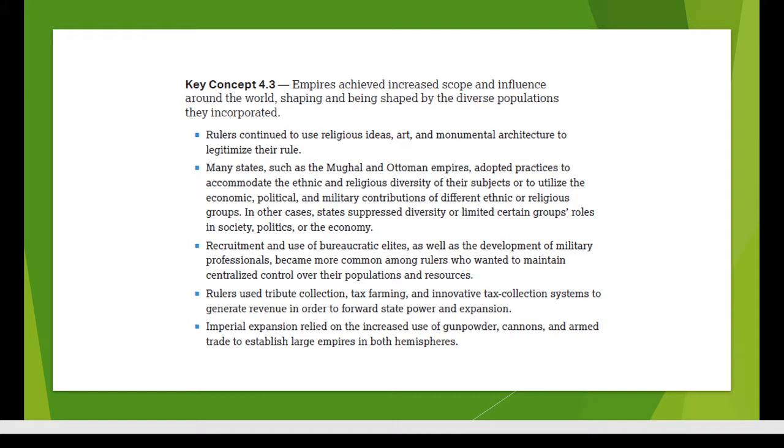But they were trained as bureaucrats or to be elite soldiers. Do you remember the name of that elite soldier group, guys? Military professionals, if you will. It's part of what made the Ottomans so successful.